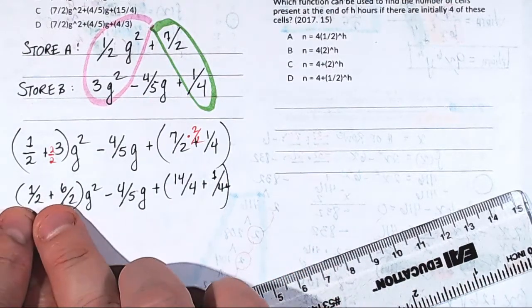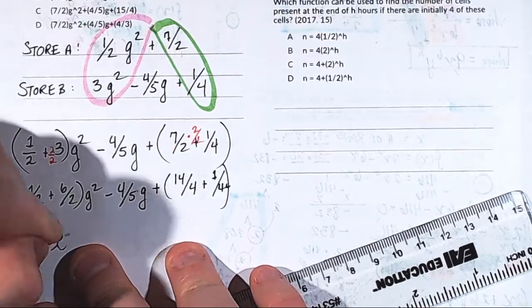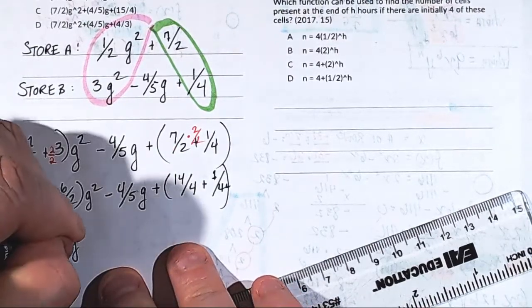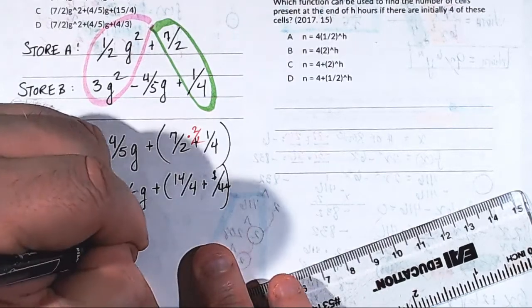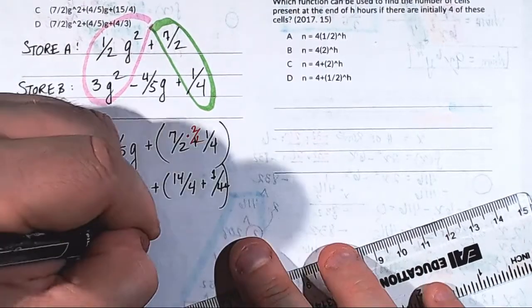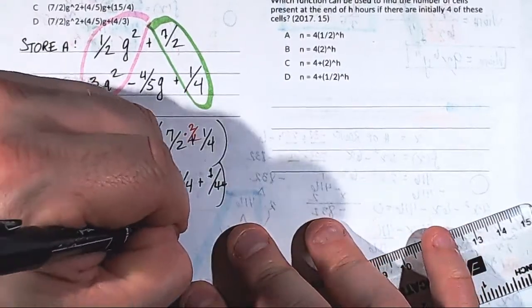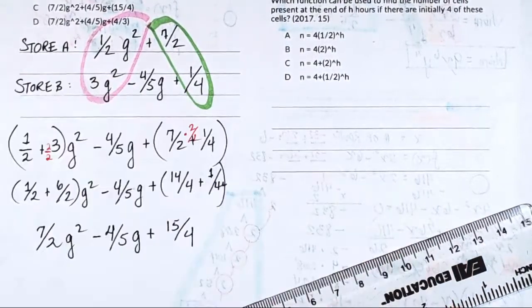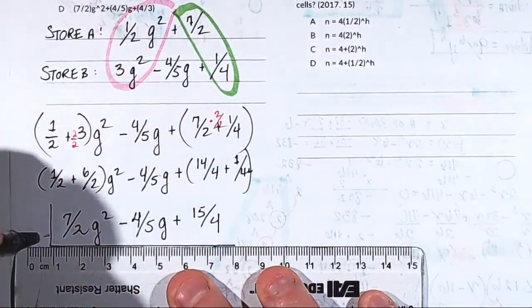So now 1/2 plus 6/2 equals 7/2 g squared minus 4/5 g plus 14/4 plus 1/4 is 15/4. So there is your combined inventory right there.